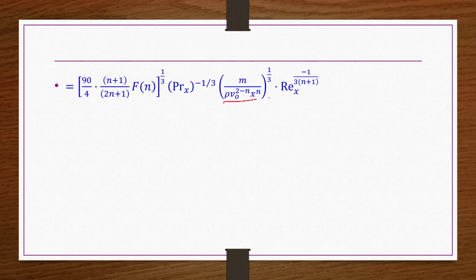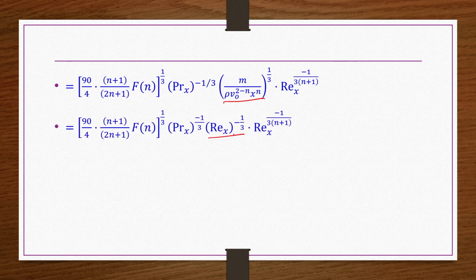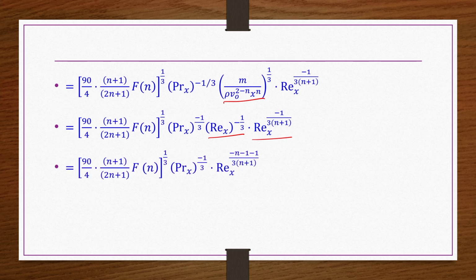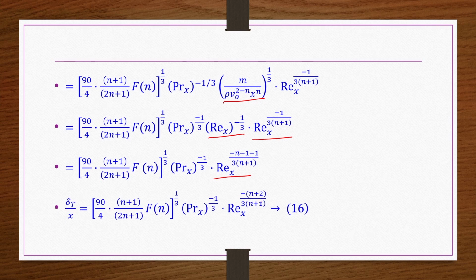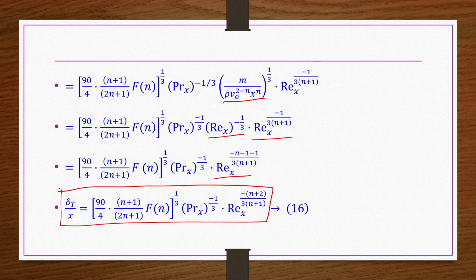So, this term I am writing Re_x power minus 1 by 3 and then this Re_x power minus 1 by (n plus 1). So, now when you combine them you get Re_x power minus (n plus 2) divided by 3(n plus 1), right.